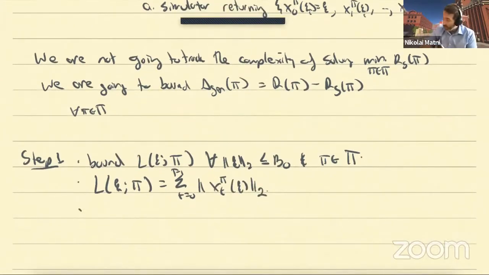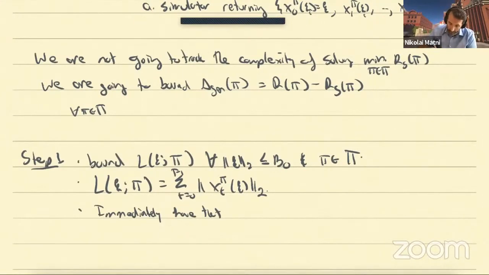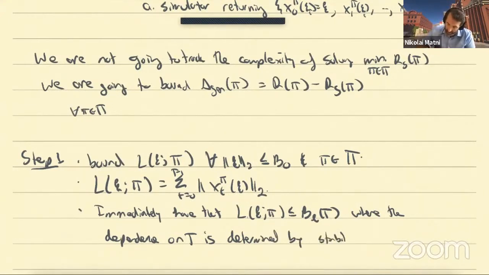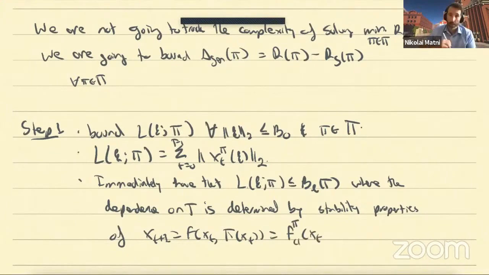Right, so we immediately have that this is going to be bounded by some BL of t, where the dependence on t is determined by the stability properties of x of t plus 1 equals f of x t pi x t, which I'll just denote as f pi of x t, closed loop.